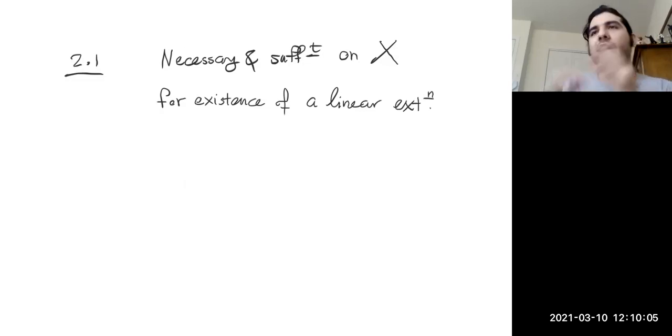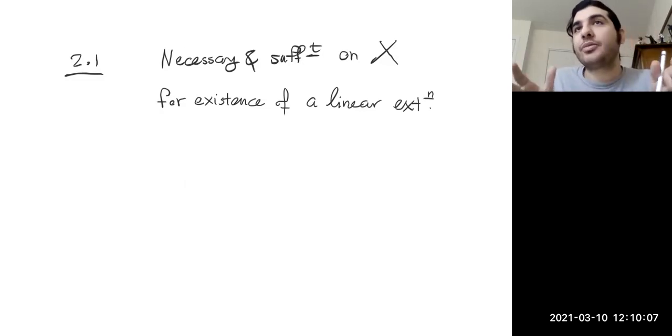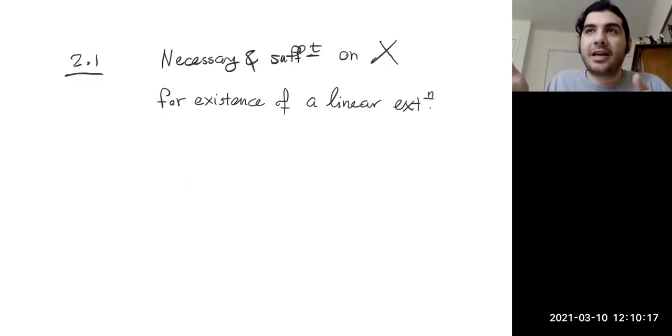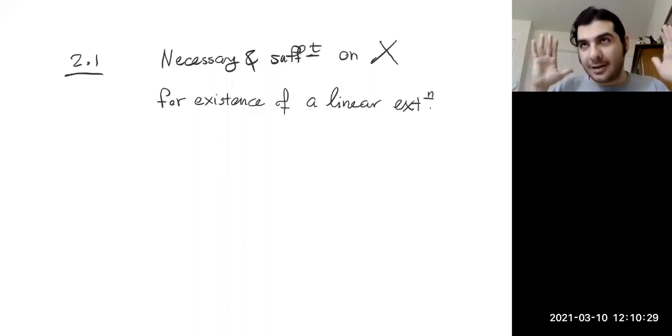First, I should mention one thing. There was a lot of misunderstanding in the solutions, and I can understand why. Some of you thought the question was asking for the necessary condition, so you had one answer for that part, and then the sufficient condition, and you had an answer for that part. But actually it is asking for a necessary and sufficient condition together.